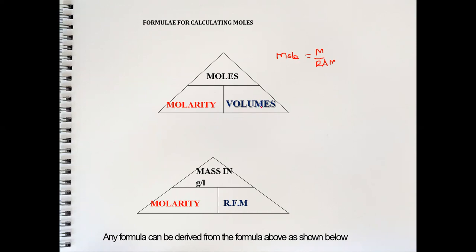Another one is that moles can also be gotten by molarity times volume used over 1,000, just like that.